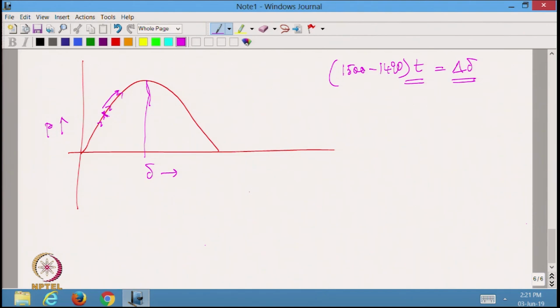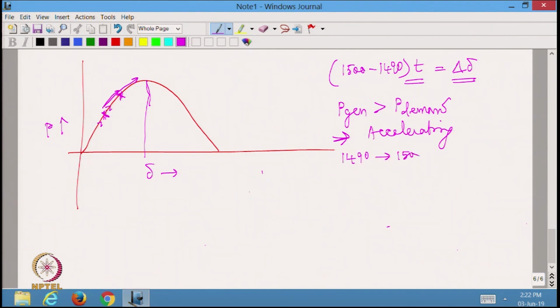So, if it has started from here and if the 1 megawatt point is somewhere here, it will even overshoot that and reach a point where maybe it is generating 1.2 megawatt or something, and at that point, because P generated becomes greater than P demanded, I am going to have the machine accelerating or accumulating some kinetic energy. So, from 1490 it will go to 1500 and it might go to even 1510.